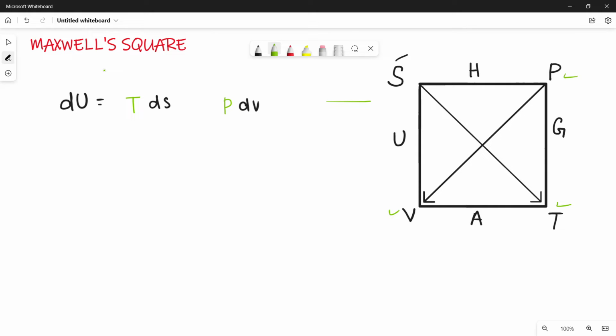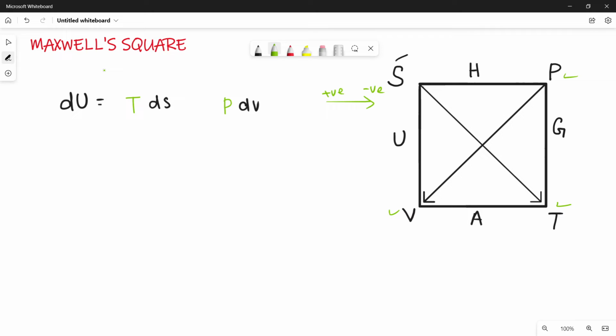Sorry, just reverse it. If the quantity is present near the arrowhead, we have to put the negative sign, and if it is near the tail part, then we put the positive sign.